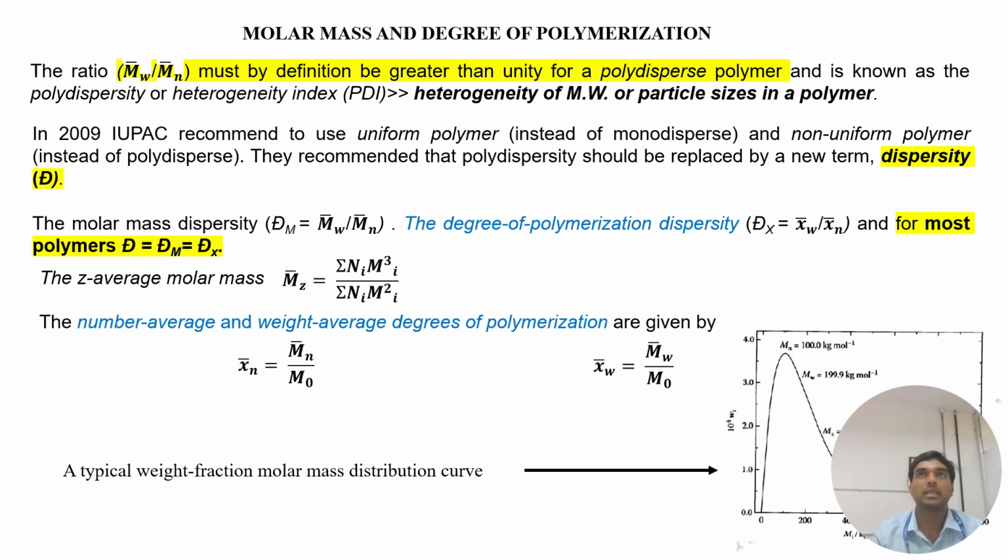We get eta equals K M to the power alpha, the Staudinger-type equation. For every polymer there are K and alpha, which are constant values. They are available, and we can determine the possible molecular weight range.